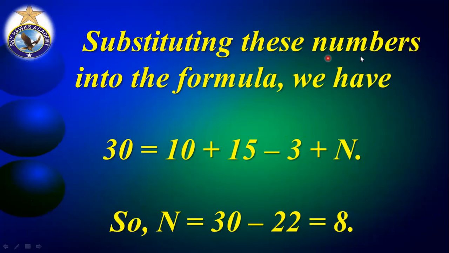Substituting these numbers in the formula we have, the total is 30. Out of the 30, 10 are playing piano and 15 are playing guitar and 3 are common between these, and this n is they are neither. What I mean to say, they are playing neither guitar nor piano.